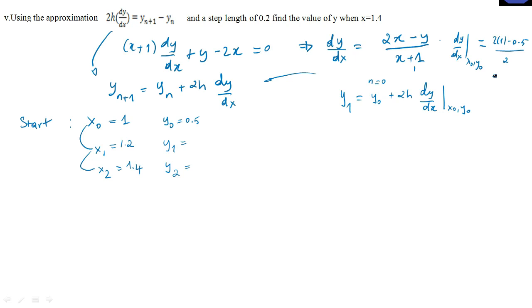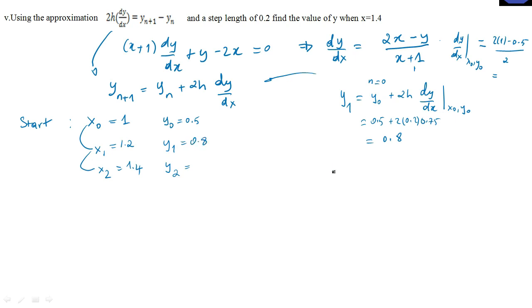Let me do it on the calculator. So I have 1.5 divided by 2, 0.75. So this gives me 0.5 plus 2 times 0.2 times 0.75, and this will give me 0.8. So this is my y1.